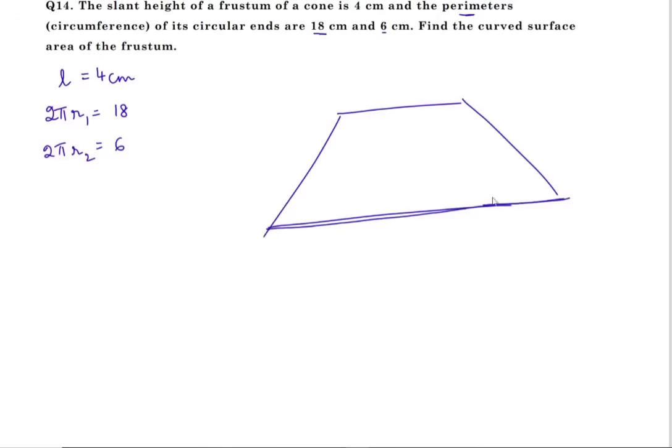Perimeter of the bottom portion is 18, top portion is 6, therefore the perimeter is 2 pi r1 for one portion, and 2 pi r2 for the bottom portion. With this, you should calculate the radius r1 and r2.